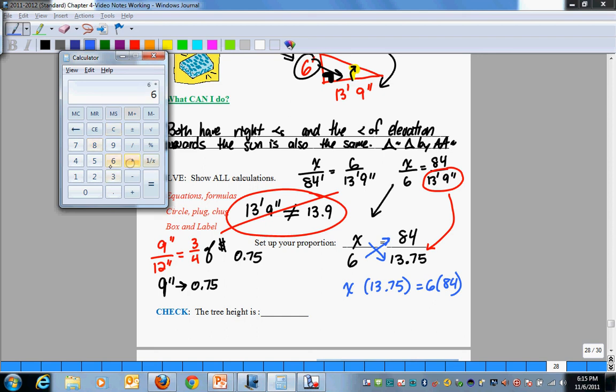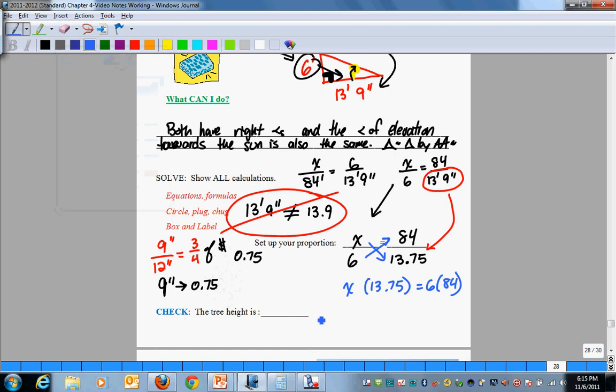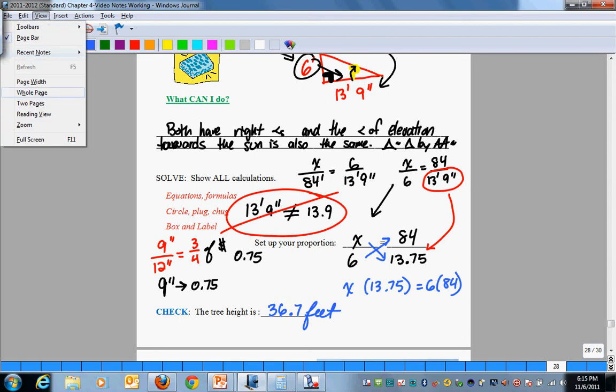It's 6 times 84, divided by 13.75, and you get 36.7 feet. Now you just ask yourself, check, is the tree taller than Sean? And the answer is obviously yes, which makes sense because trees are generally taller than humans.